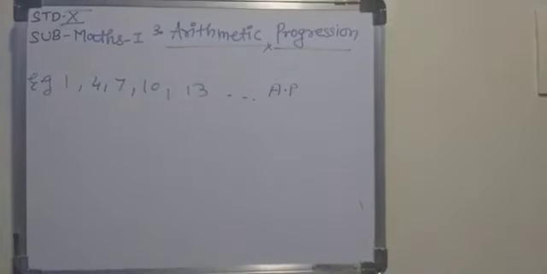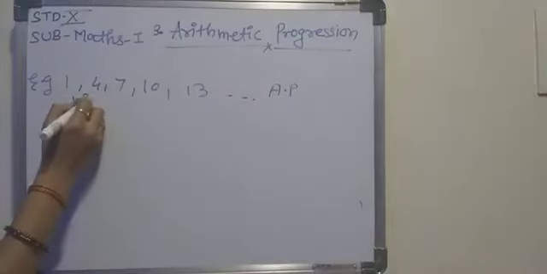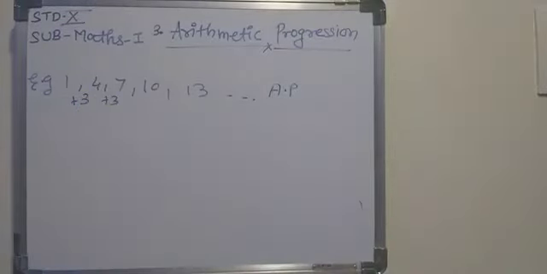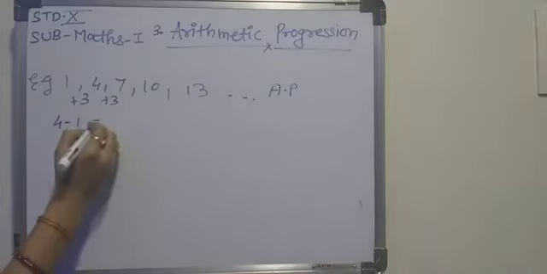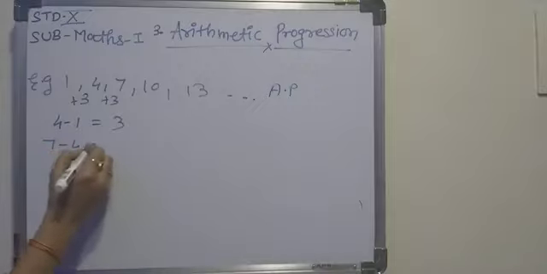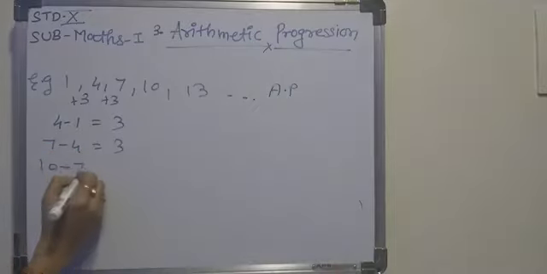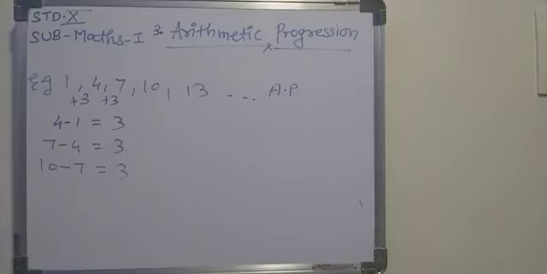Because we are adding a fixed number, plus 3, to the previous term, and the difference between each and every consecutive term is the same. 4 minus 1 is 3. 7 minus 4 is 3. 10 minus 7 is 3. So the difference between any two consecutive terms is fixed, then you call it an AP.